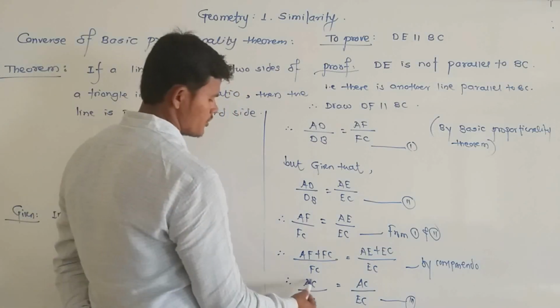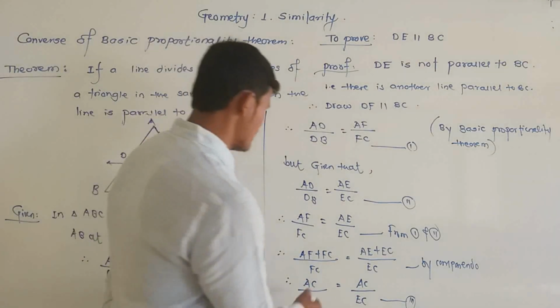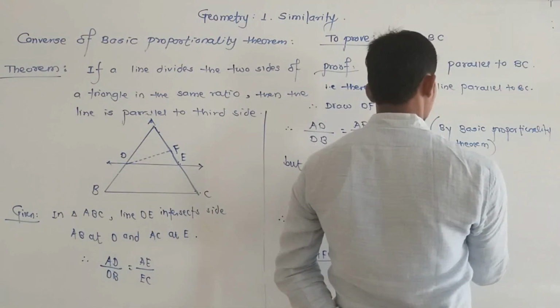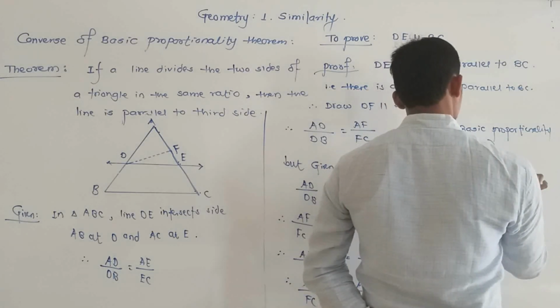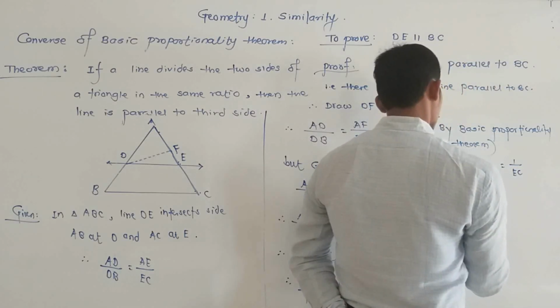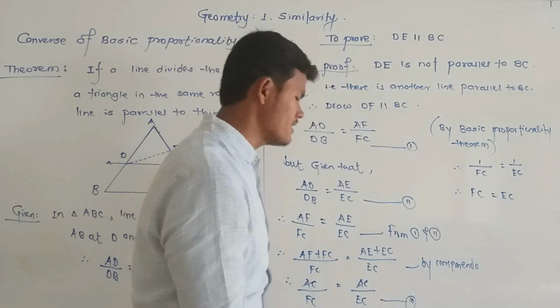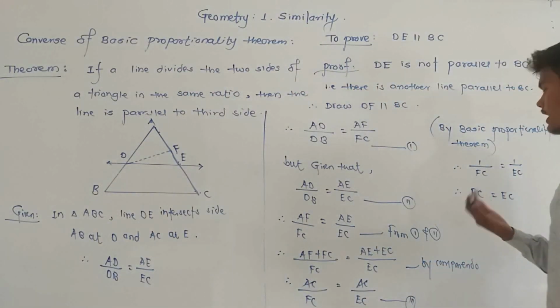Here numerators are equal, then their denominators are also equal. So AC and AC get cancelled, and we get 1 upon FC is equal to 1 upon EC. So we get FC is equal to EC. Why? As numerators are equal, their denominators are also equal.